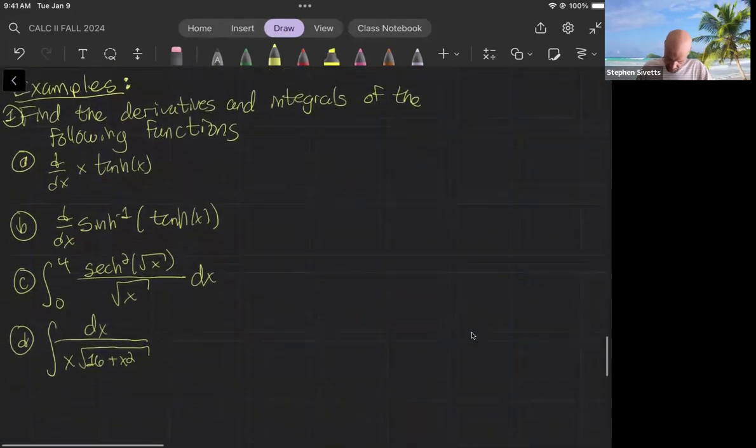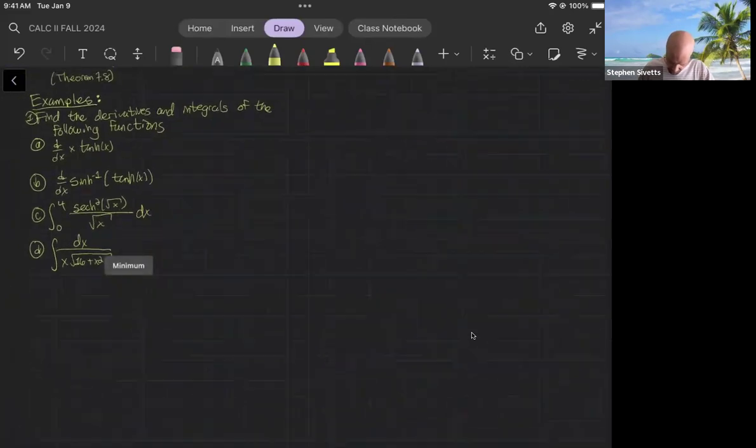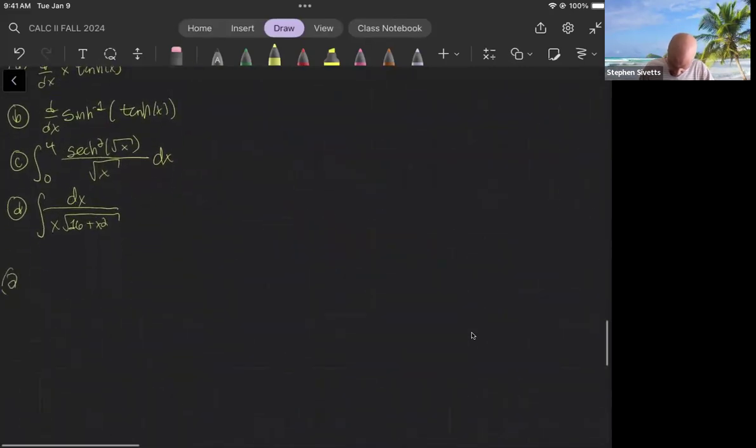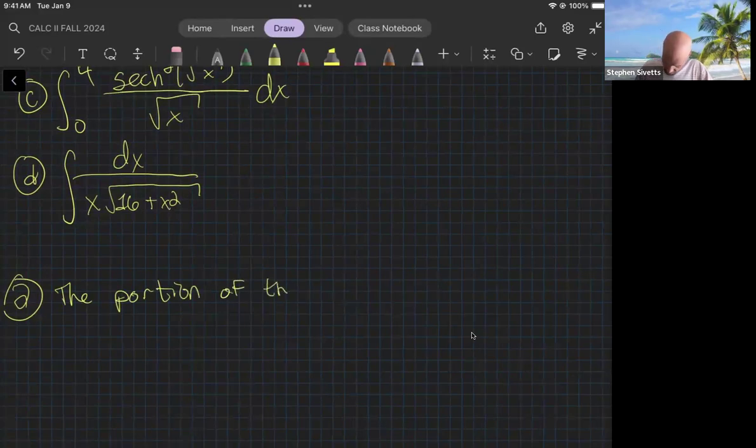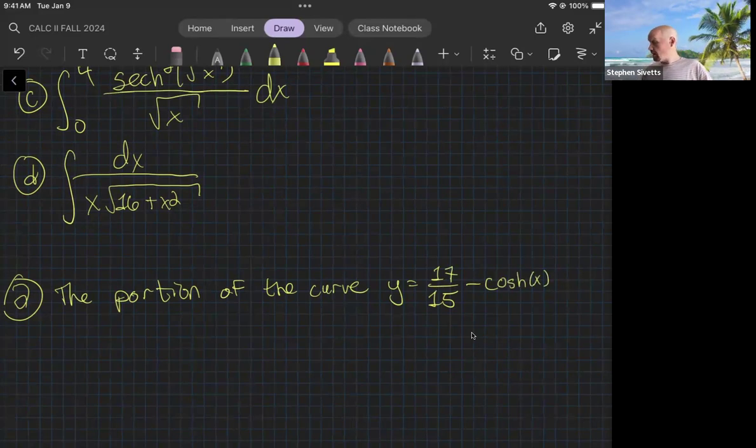And this will be dealing with a word problem. These hyperbolic trig functions come from building bridges. Catenary is actually Latin for chain.